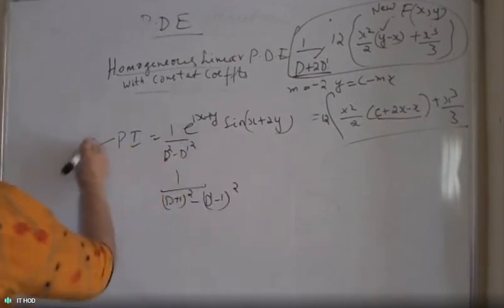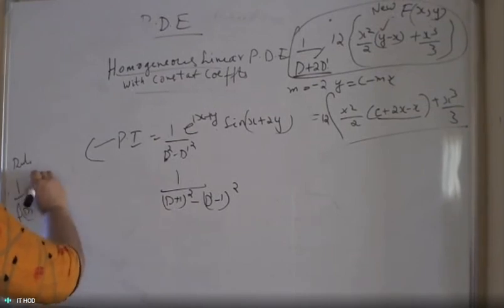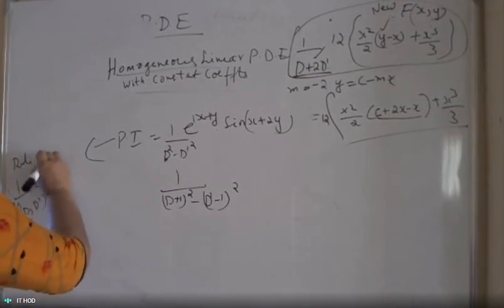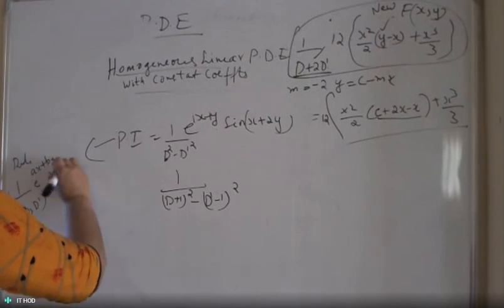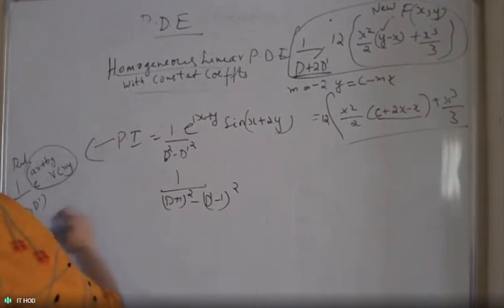For this one, what is the general rule? The rule is 1 by f of D, D dash, e raised to ax plus by into V of x, y.